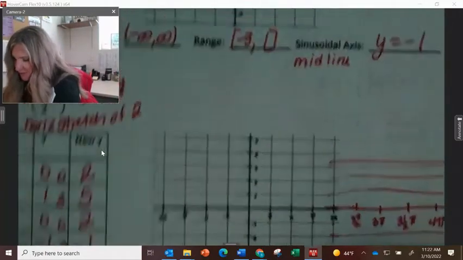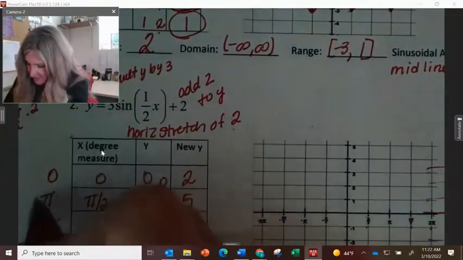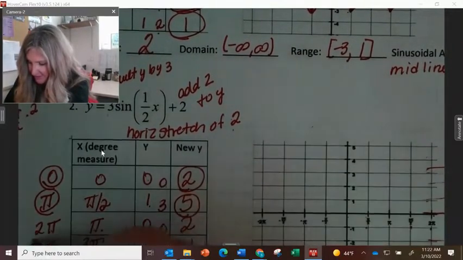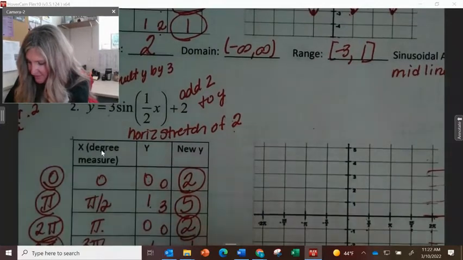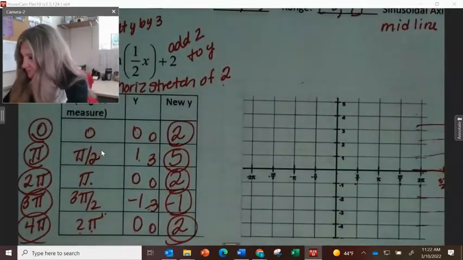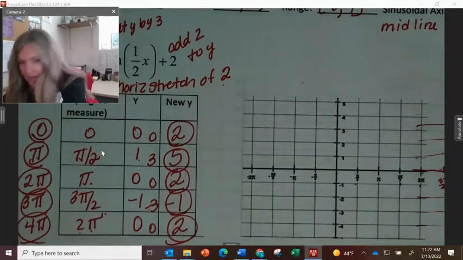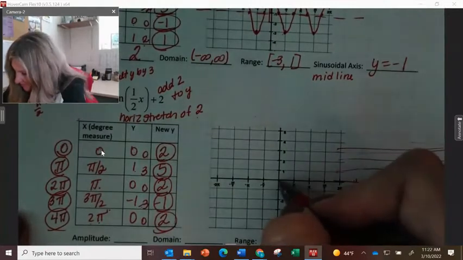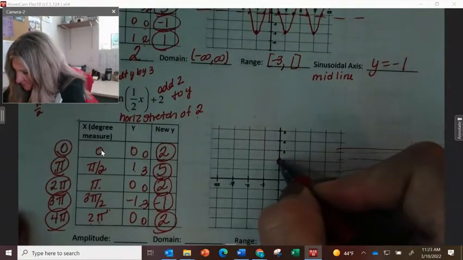All right, so now let's plot our points. We always use these new values. So when x is 0, we're at 2.